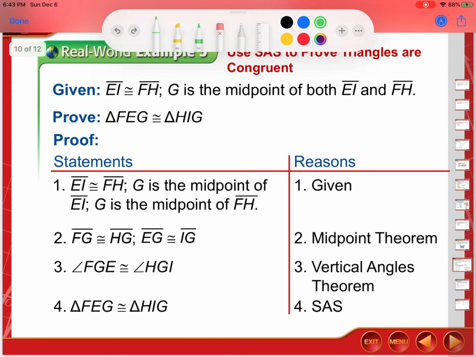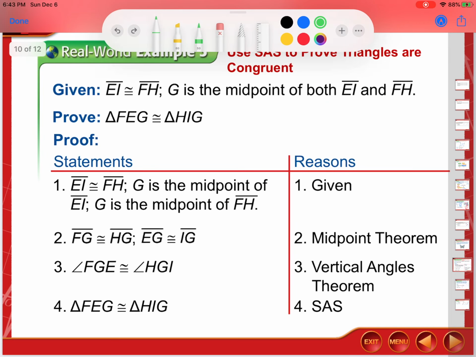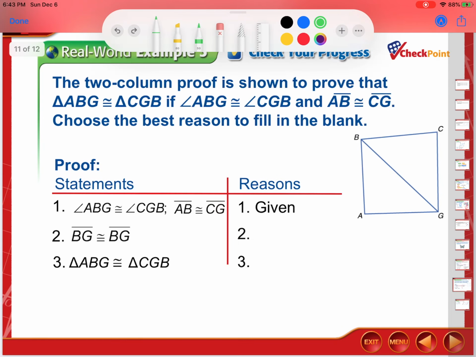They said those two lines are congruent based on midpoint theorem in both cases. And then they used vertical angles theorem to say that those two angles were the same as we did here. And then they said the two triangles are congruent based on side angle side.